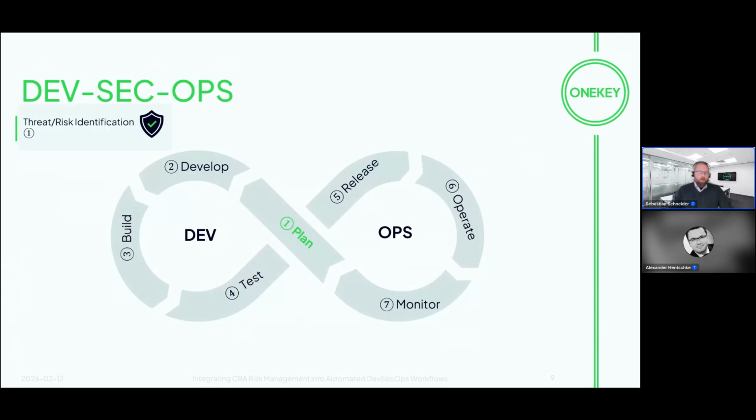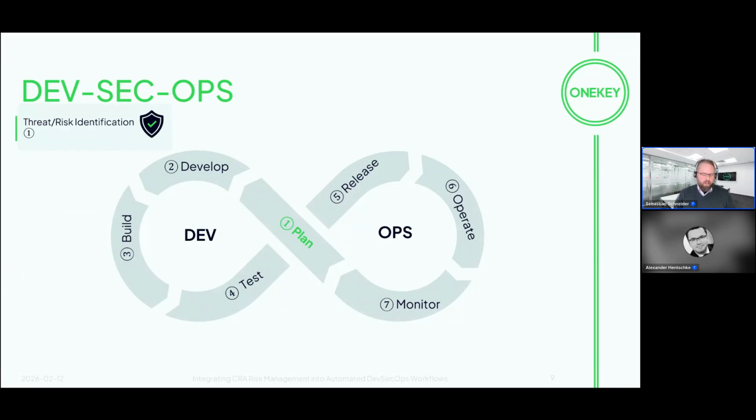So now to make a DevSecOps lifecycle out of this DevOps cycle, we need to add additional activities to our traditional processes. So during the planning phase, and remember, the planning phase is not just before you develop a product, but it is repeating every time you plan a new release with new features.